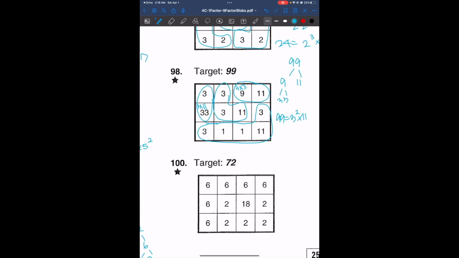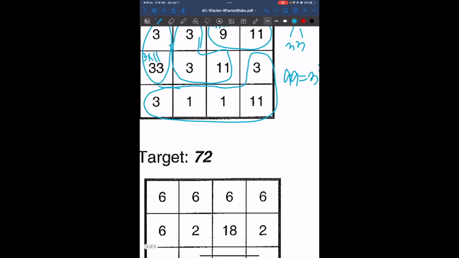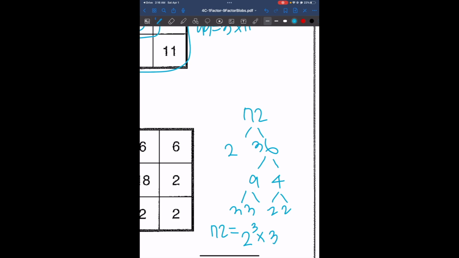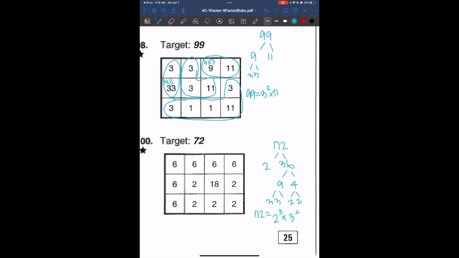Now for problem 100, we have target number 72. So it ends with a 2, so it's divisible by 2. 36, the sum is 9, so it's divisible by 9. So 72 can be written as 2 to the power of 3 times 3 to the power of 2.